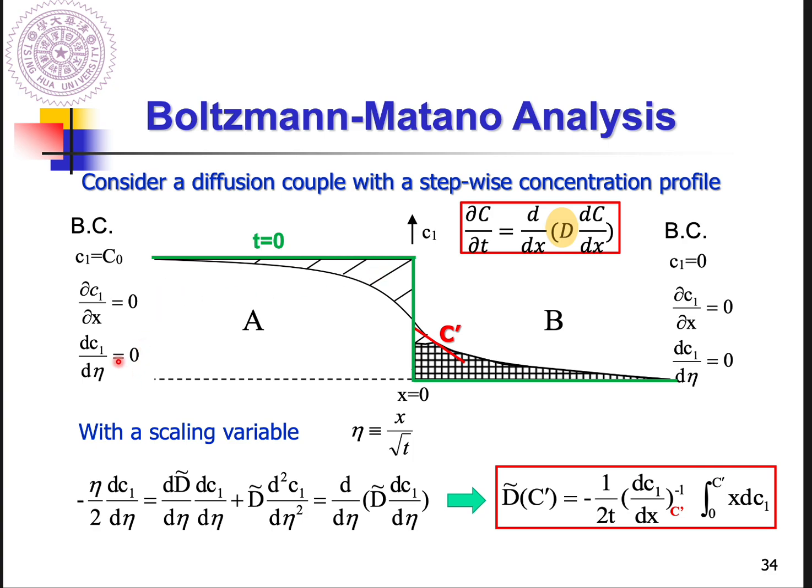And because eta is a function of x, partial C partial eta also equals 0.